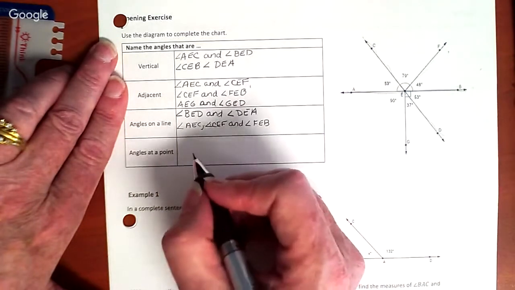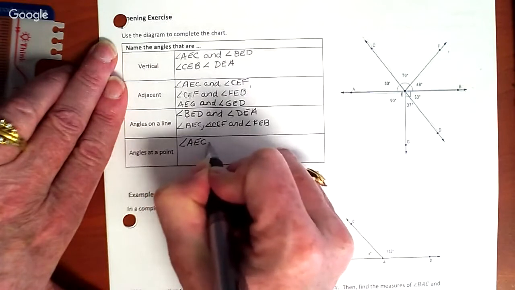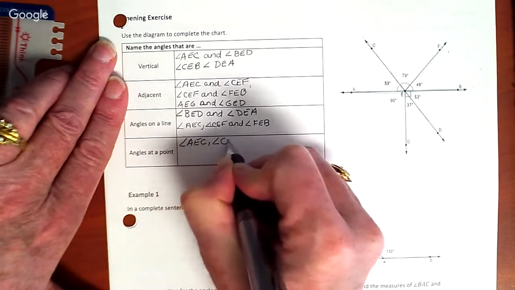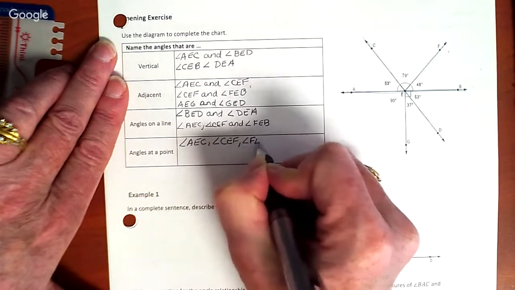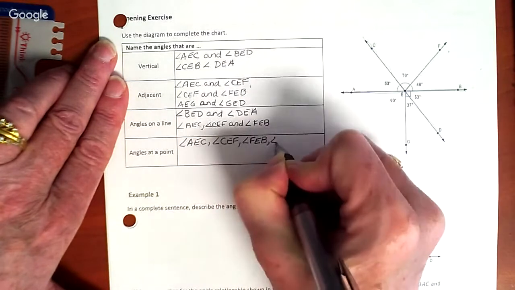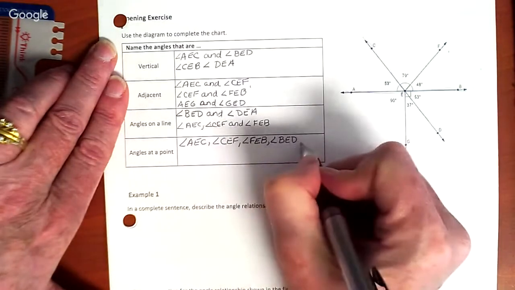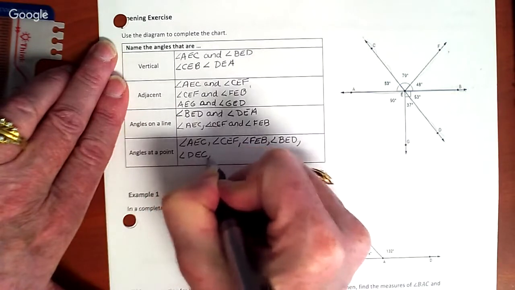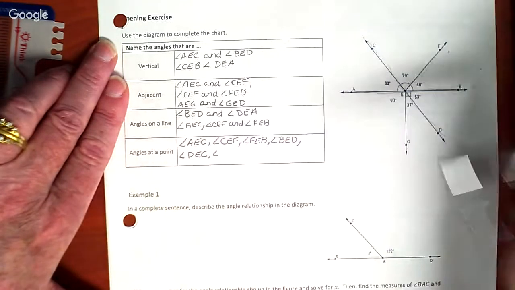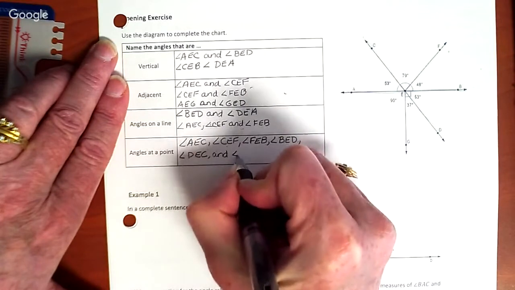Angles at a point, we have angle AEC, angle CEF, angle FEB, angle BED, angle DEG, angle GEA, and angle DEA.